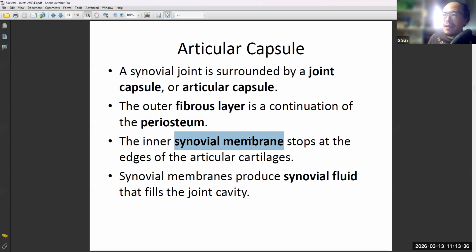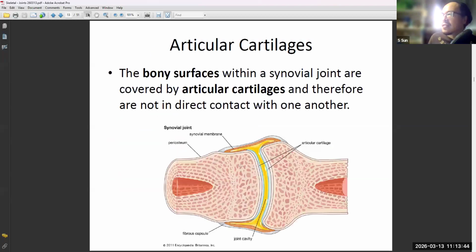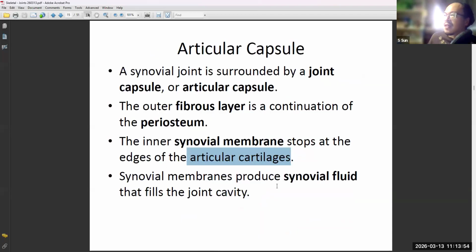It stops at the edge of the articular cartilage, right here. Its function is to produce the fluid, called synovial fluid. The synovial membrane produces synovial fluid that fills the joint cavity.